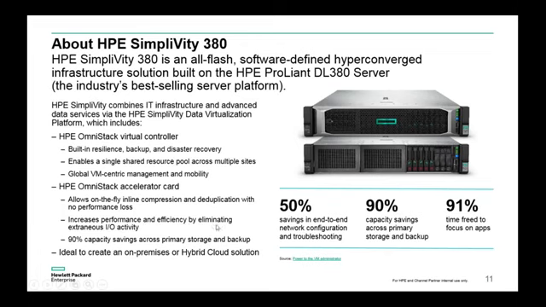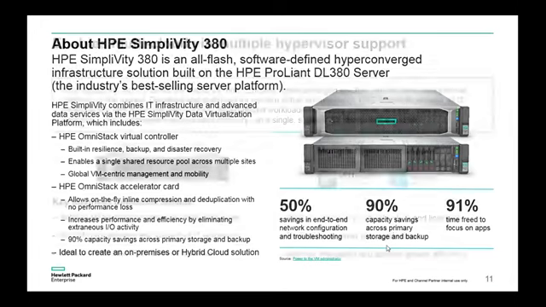So it increases performance and efficiency by eliminating extraneous I/O activity. So 90% capacity saving across primary storage and backup, ideal to create an on-prem or hybrid cloud solution. So saving in end-to-end network configuration and troubleshooting is 50%, and 90% saving in storage, and 91% time freed to focus on apps.